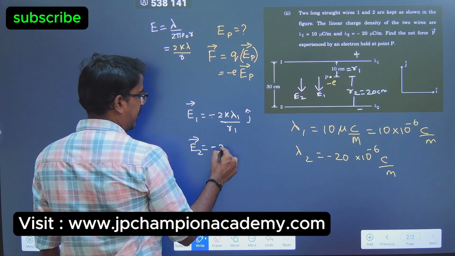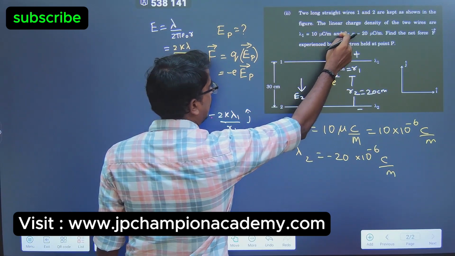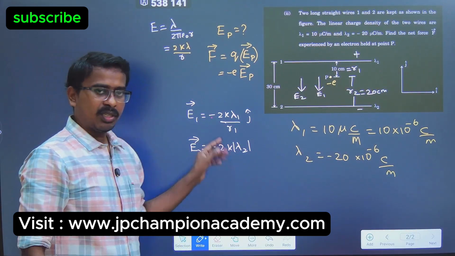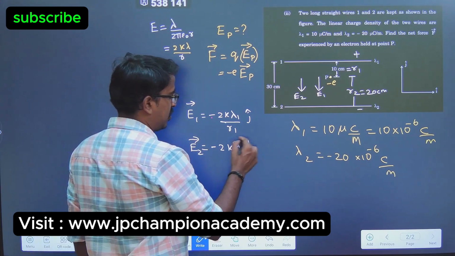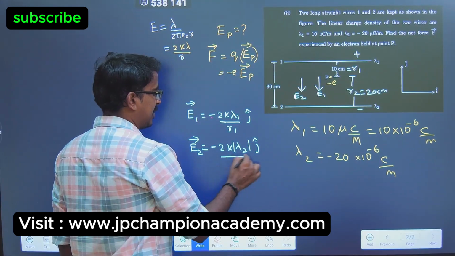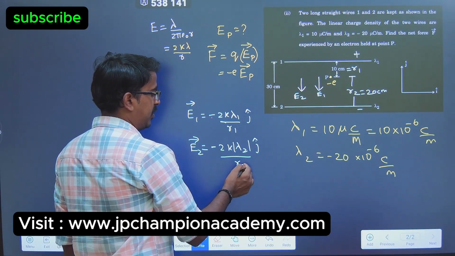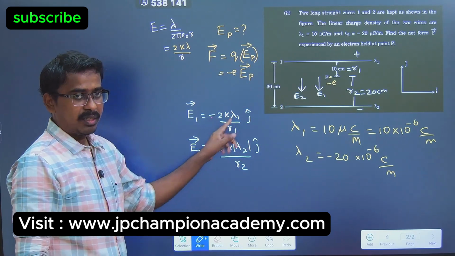Here also it is minus 2k lambda 2 by r2. Lambda 2 has a negative sign, but you should put its magnitude, because the direction is already given clearly as minus. So it should be positive, then only I will get a proper answer. Don't worry about the sign. I am taking the magnitude, and the direction I have given is downward. Now both are in the minus j cap direction.